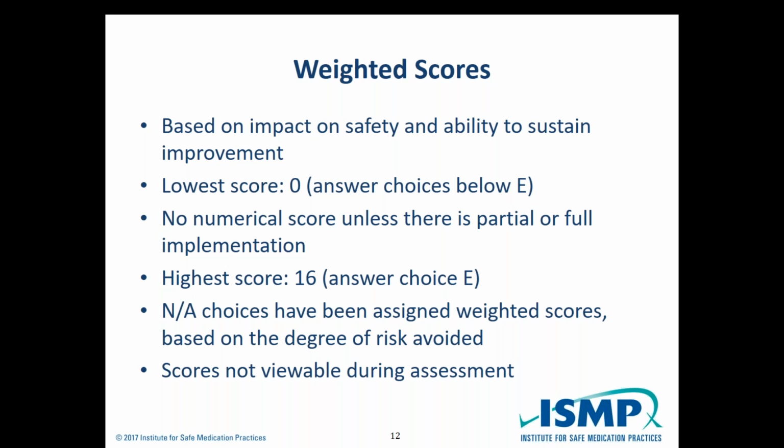What these weighted scores help to do is make comparisons easier. These weights are then put into percentages, and when the assessment is over, those that have submitted results will have a workbook available, and they can do some comparisons of how they looked to the national aggregate scores.